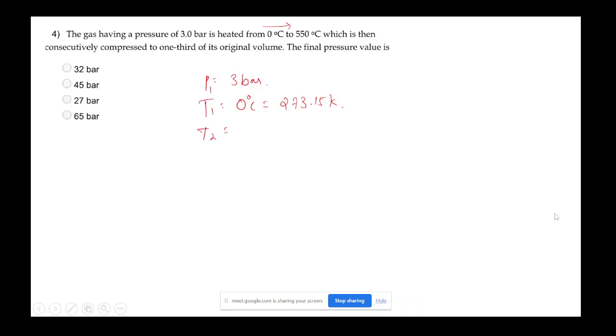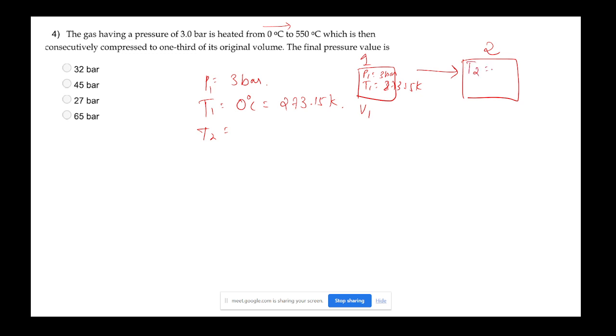It is always advisable to have a pictorial representation. So this is state 1. P1 is given as 3 bar. T1 is given as 273.15 Kelvin. Let's say it is having V1 volume. It is heated to temperature, state 2, let's say.